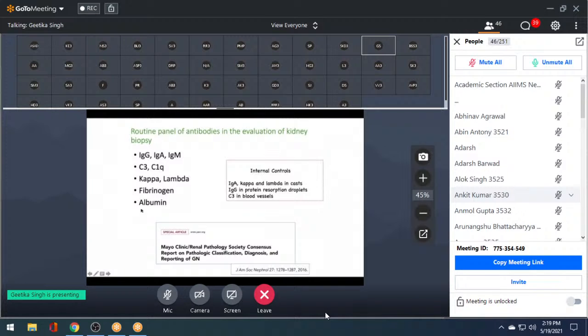And albumin is basically used as a kind of technical control and also gives you a background. So in immunofluorescence, there is sometimes a background. So we use albumin just to check whether what we are seeing in the other stains is just background. If it's equal to albumin, it needs to be beyond albumin to be considered a good positive. Okay. So can somebody tell me which pathway of complement are we looking at when we are detecting C1q?